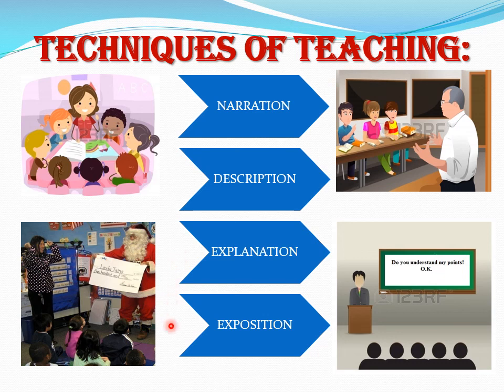And lastly, we have exposition. Exposition is an elaborate form of explanation, I should say, if I'm not mistaken. To expose means to open, to exhibit, to display, to disclose, or to subject to light. Therefore, exposition is more than verbal explanation.